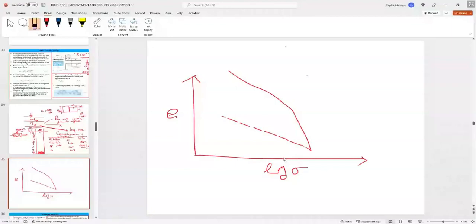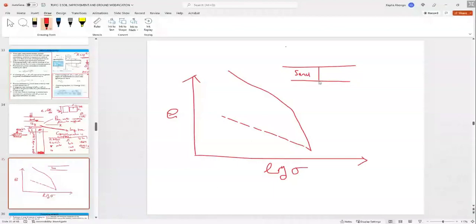This can help you determine the settlement. Now, let's make it more practical. This is your soil condition. Let's say you have a sand here.